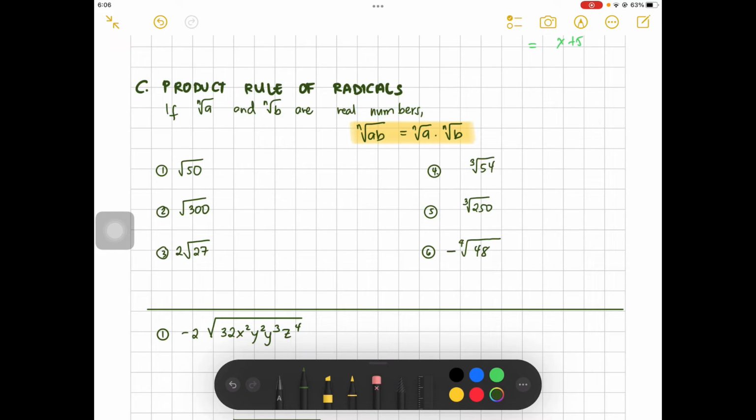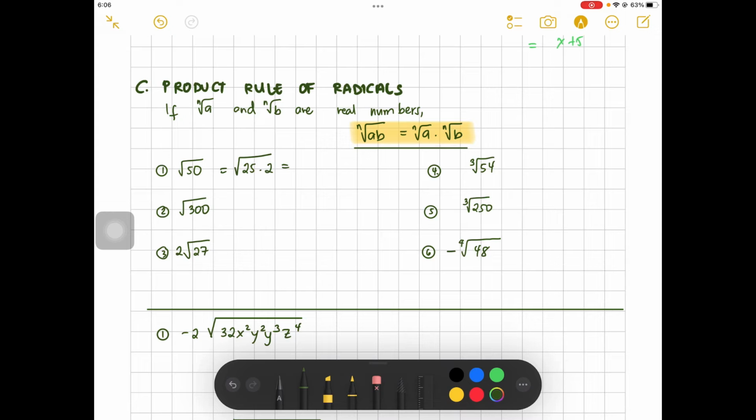Next, for the third part, we are going to apply the product rule of radicals. So we have here the nth root of a times b is the nth root of a times the nth root of b. We can separate the factors under the same index. For example, how do we simplify square root of 50? Square root of 50 is not a perfect square, but we can write it as a factor 25 times 2.